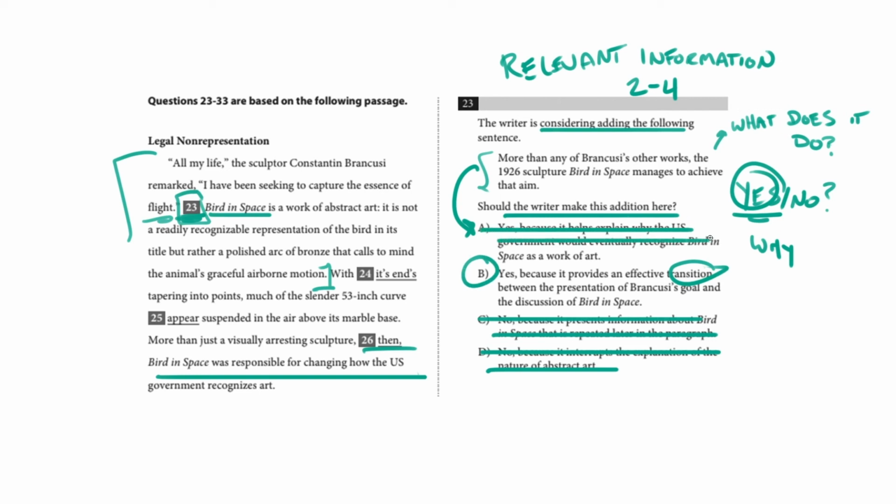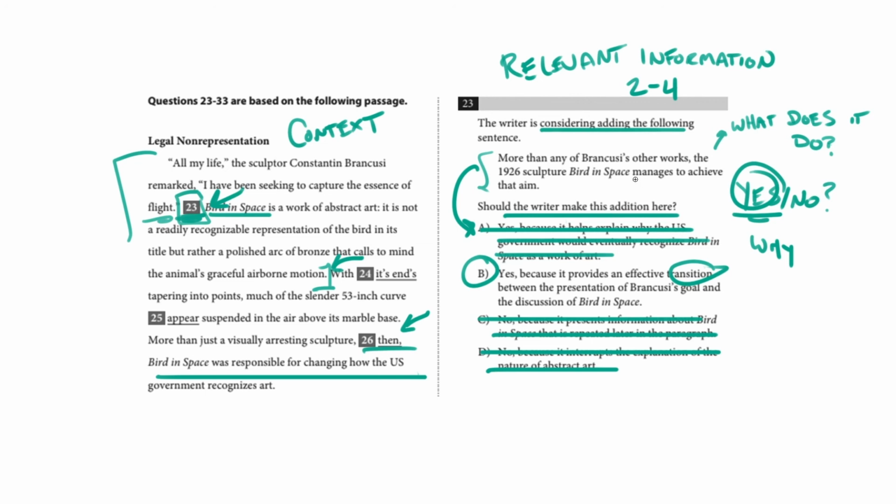So when you are asked, should the writer make this addition, first, focus on the context. Where is it fitting in exactly? Because it could be that the sentence being proposed makes more sense here or here, but not here. So you want to focus on whether or not it is immediately relevant in the specified spot, not could it fit somewhere else in the paragraph. It probably could.